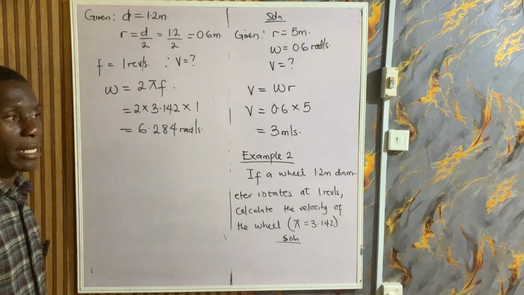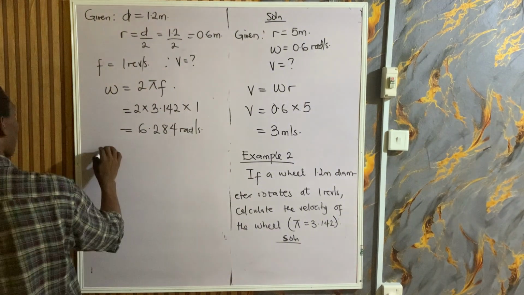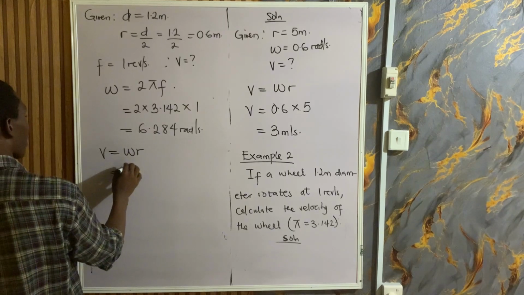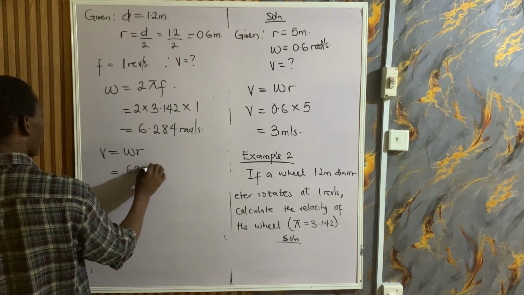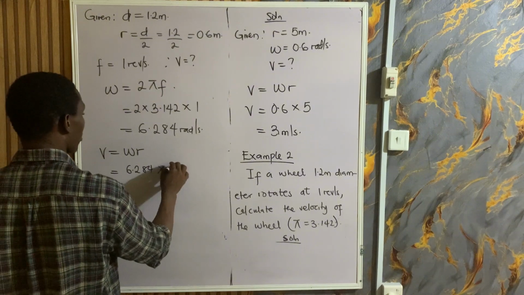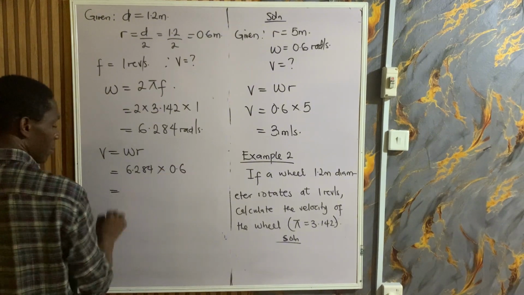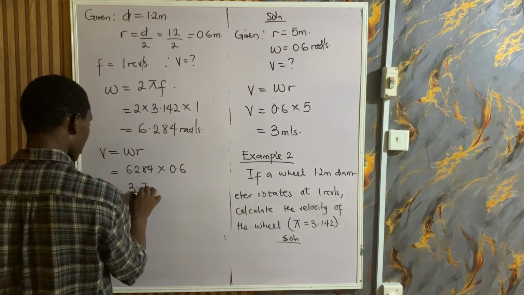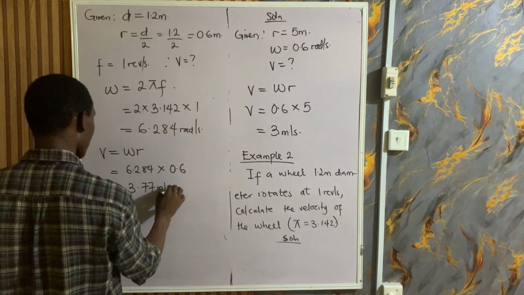Next, I will now get my linear velocity v. v is omega r. This will be omega 6.284 multiplied by radius, which is 0.6. So this will give us 3.77 meter per second.